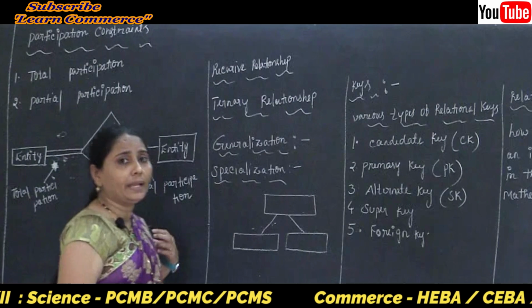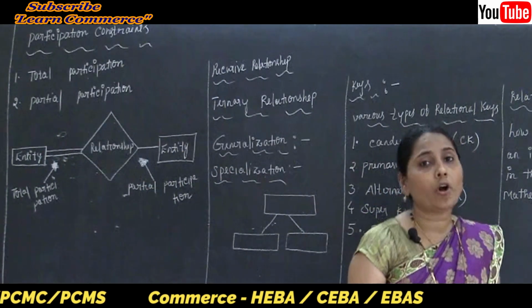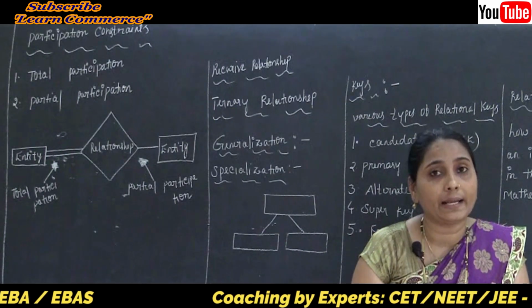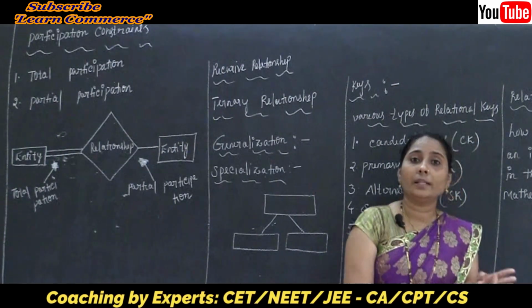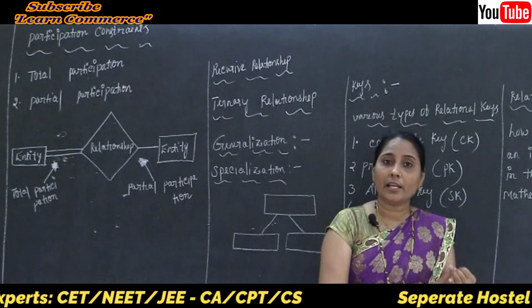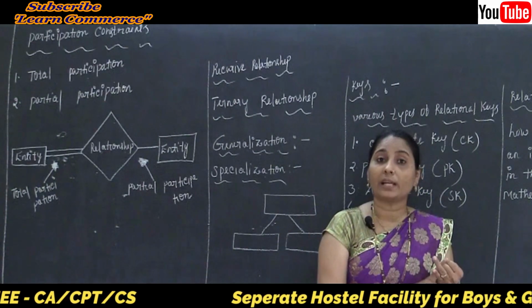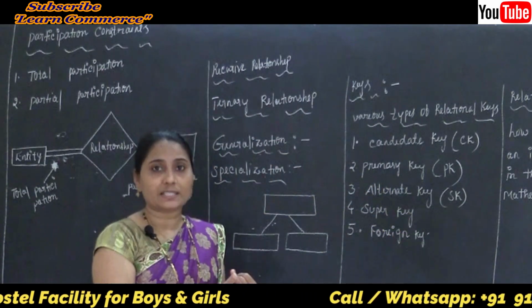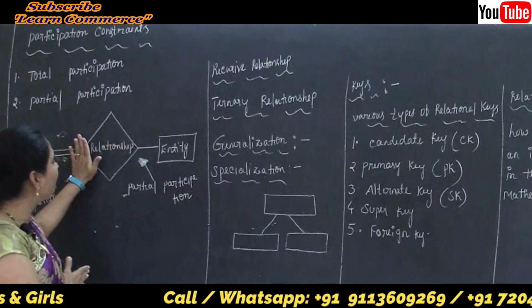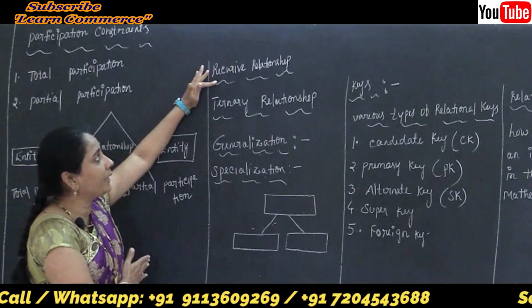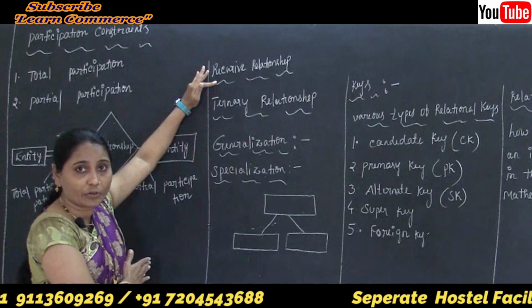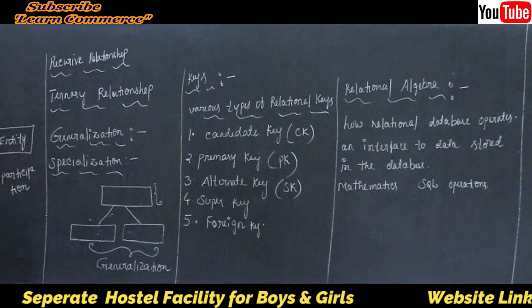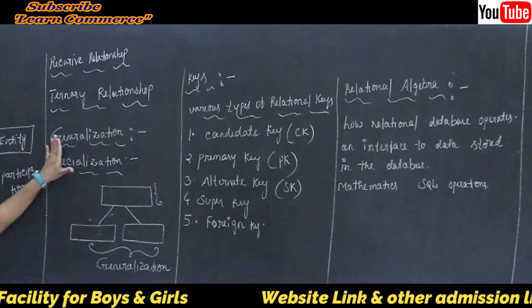After completing everything in our ER diagram, the entity, attributes, and the relationship, containing the classification of binary, and binary also containing some other classification, and also completing the recursive relationship as well as the ternary, the next thing is our generalization and specialization.